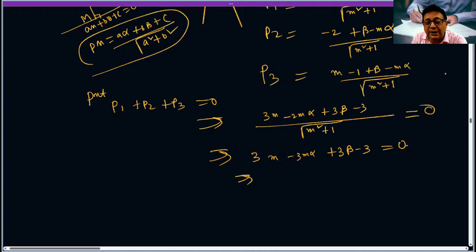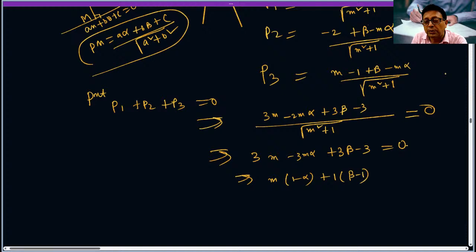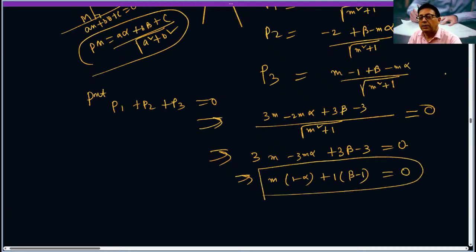Now this implies m into (1 minus alpha) plus 1 into (beta minus 1). Check this one now. m is not 0, the slope must exist. 1 is not 0, but we have stated the right-hand side is 0.